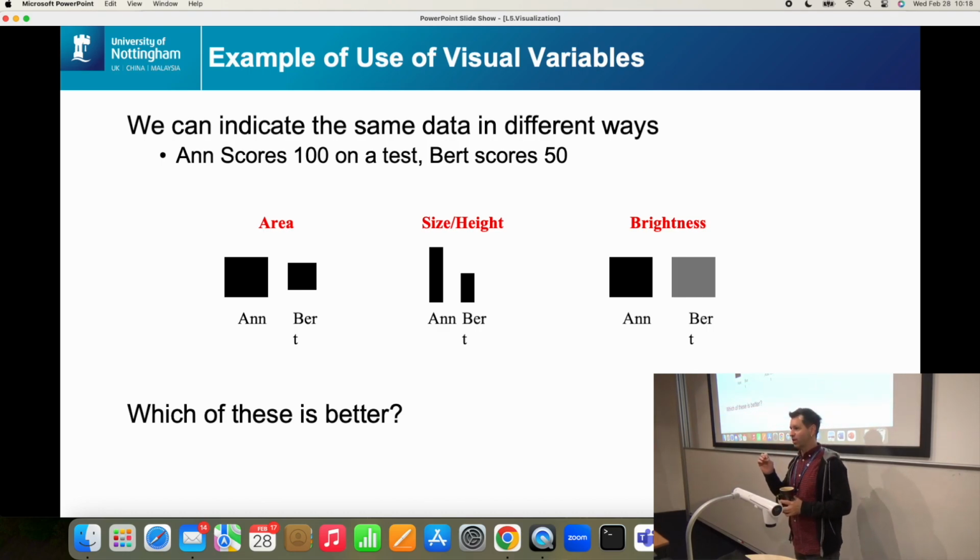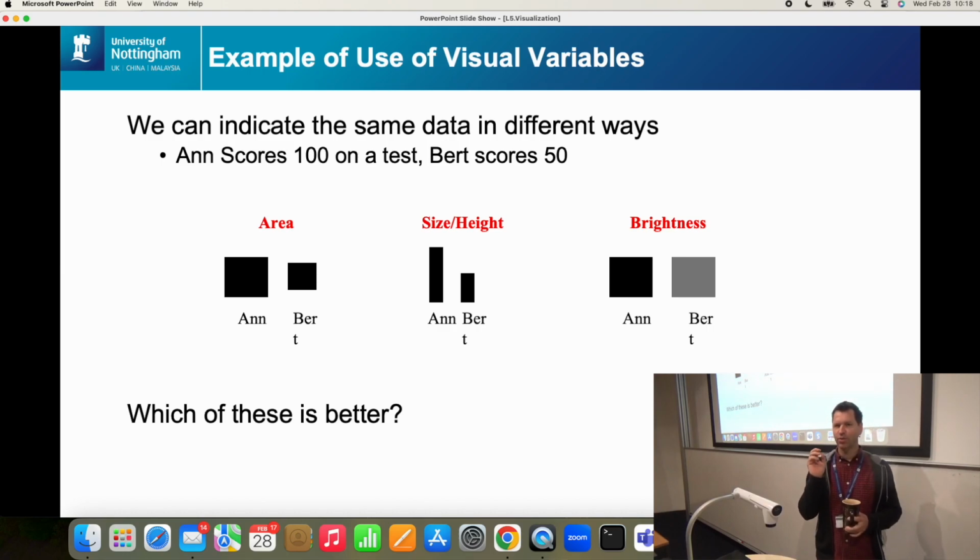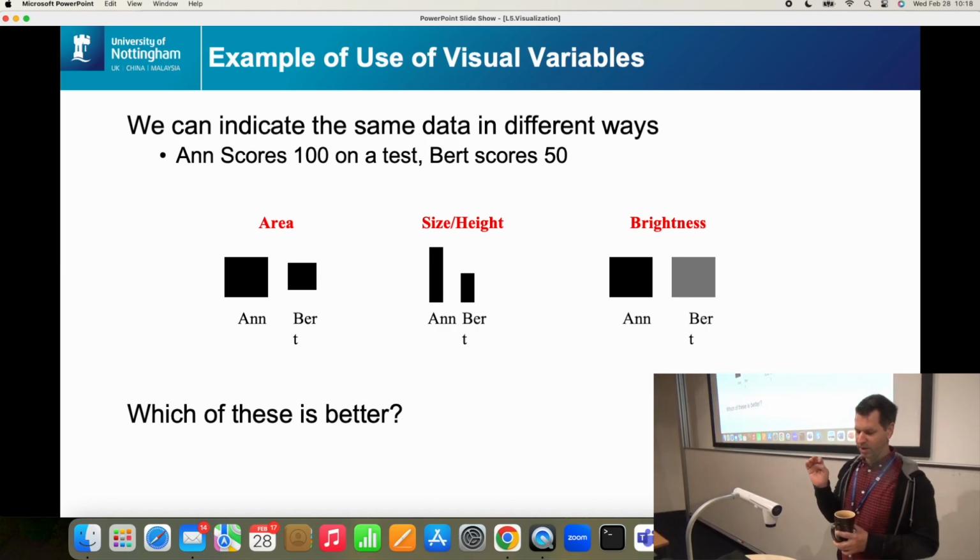You'd have a user study, right? And you'd ask people to say, okay, what do you think Ant's size is relative to Bert's size? Oh, I see Bert. There's a little arrow there. That's supposed to be Bert.